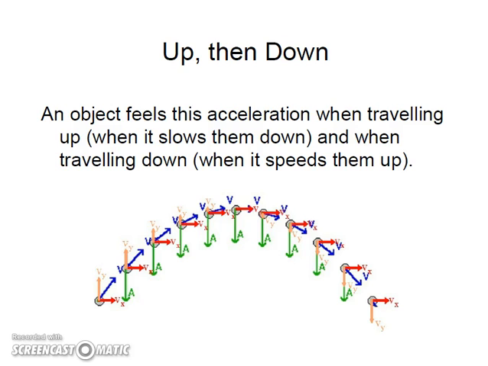It may seem counterintuitive, but even objects that are going up are experiencing this acceleration. So as they're moving upward, assuming that they aren't being propelled by something like a rocket, they accelerate while traveling up.